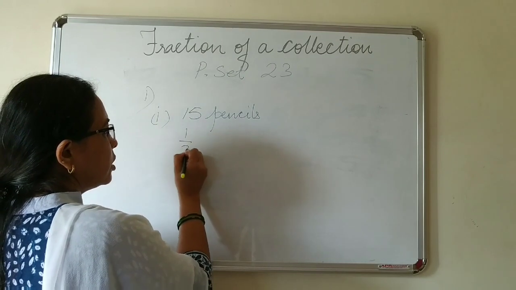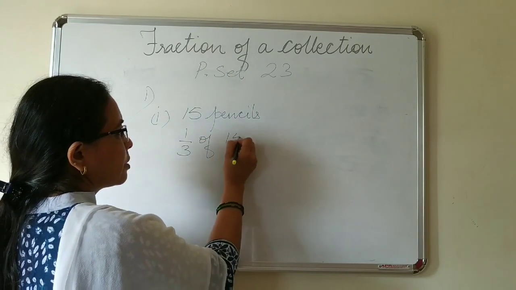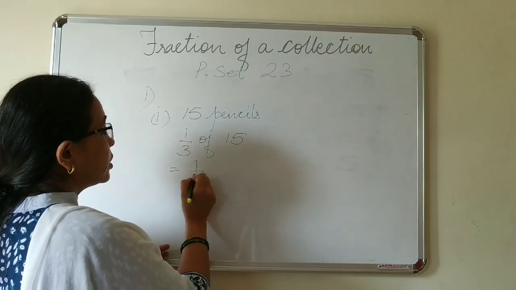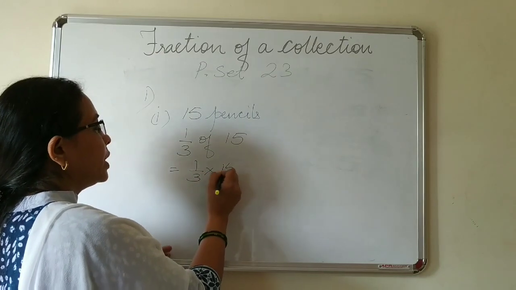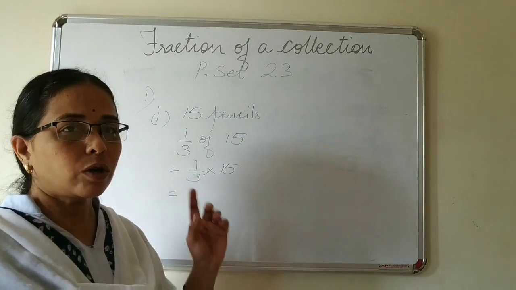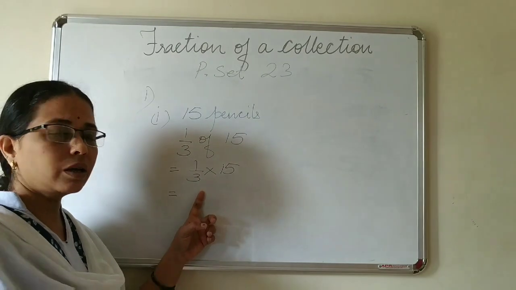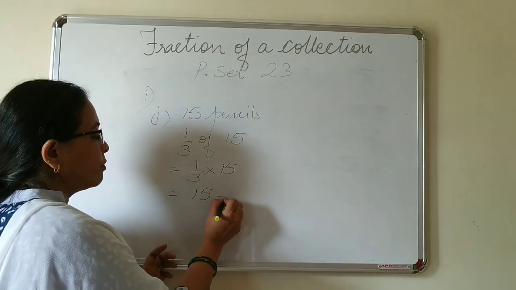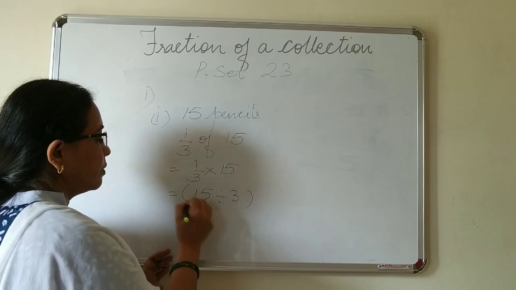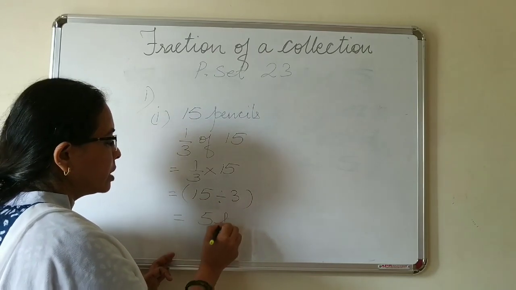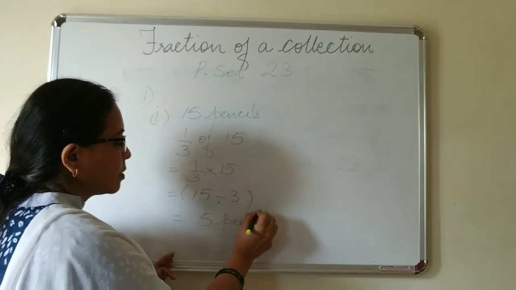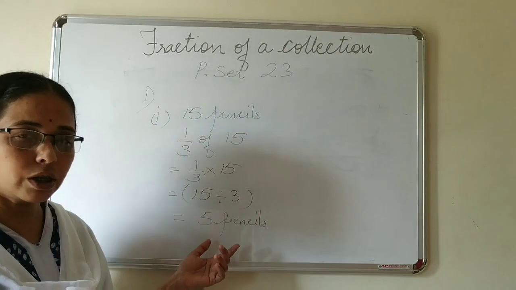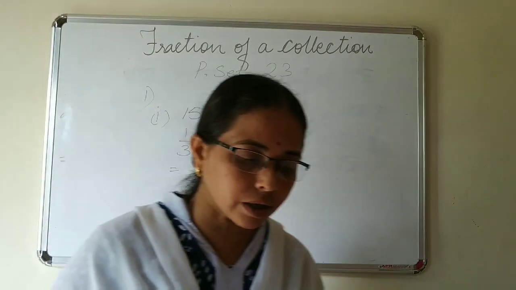So 1/3 of 15 is equal to 1/3 into 15. So what is this? 15 divided by 3. We get 5 pencils.